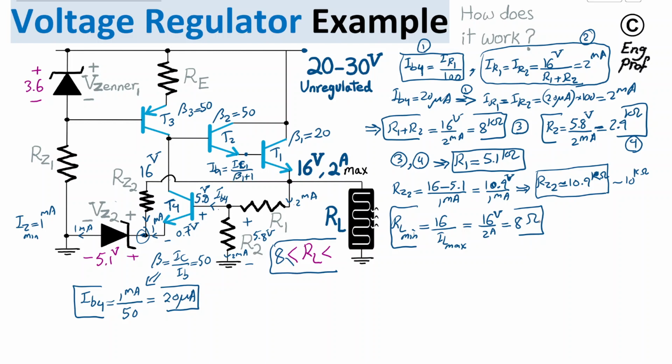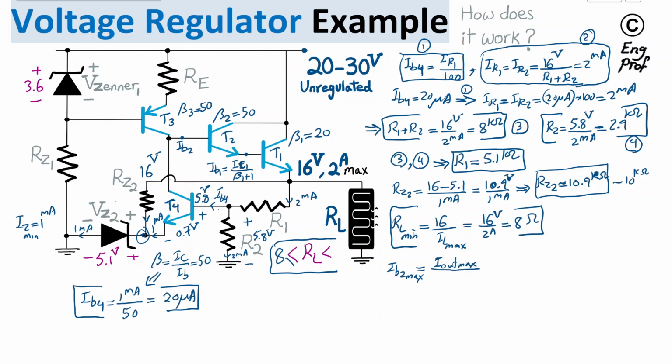Because beta is collector to base, from emitter to base effectively we need beta 1 plus 1. And then to get to IB2, I need to further divide it by another beta 2 plus 1.